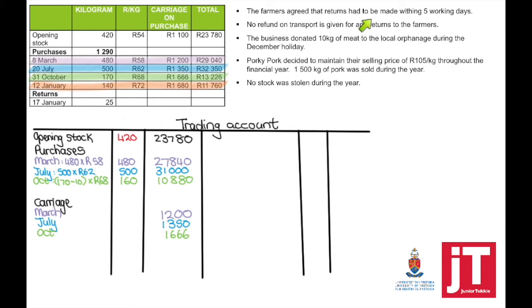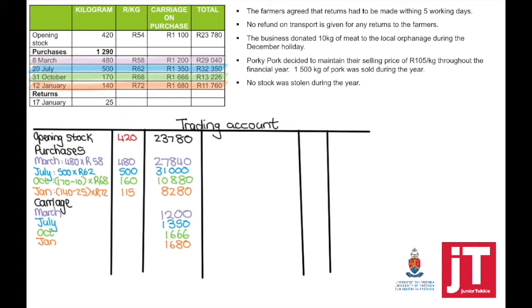So if I look at January, we purchased 140 kilograms. But on the 17th of January, 25 kilograms were returned. So to work out January, we have to take 140 minus the 25. Cost per kilogram was 72 Rand in January. So 72 times 115 equals the total amount paid.